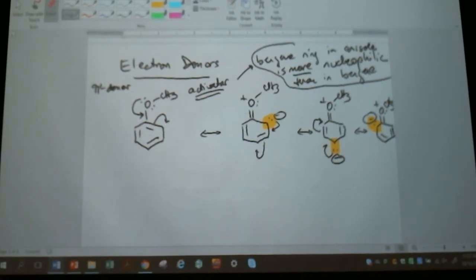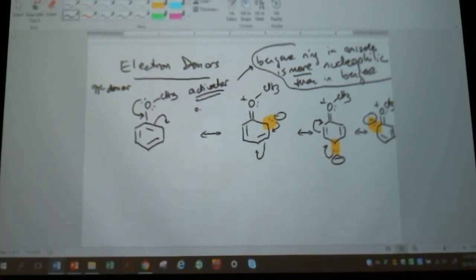So in this case, we would call this an ortho-para activator. Which means that when I put anisole in the presence of a superelectrophile, nitronium ion, whatever, it's going to be the ortho-para positions that will selectively react.